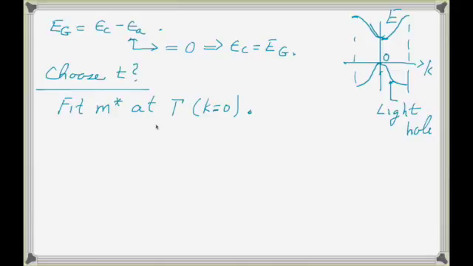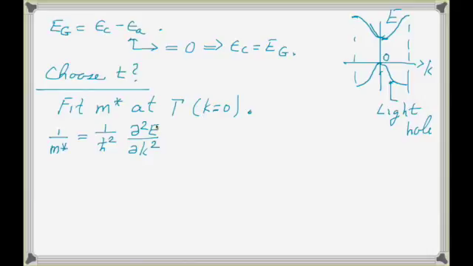So how do you do that? Well, the effective mass is always given by the same formula: 1 over m star is 1 over h bar squared times d squared E dk squared. So you just have to take this dispersion relationship and take the second derivative, evaluate it at k equal to 0, and see what you get.